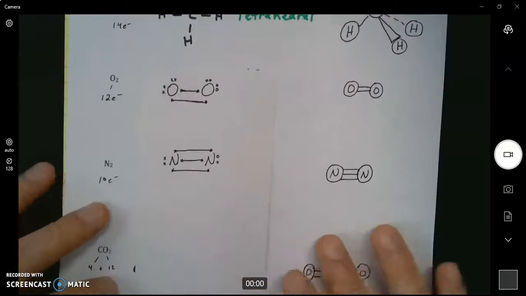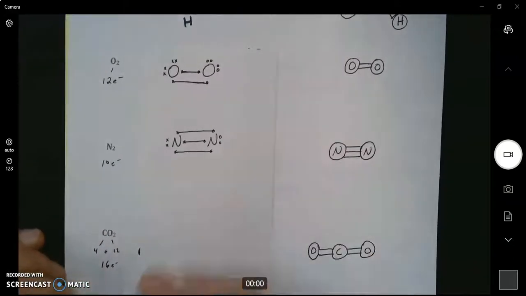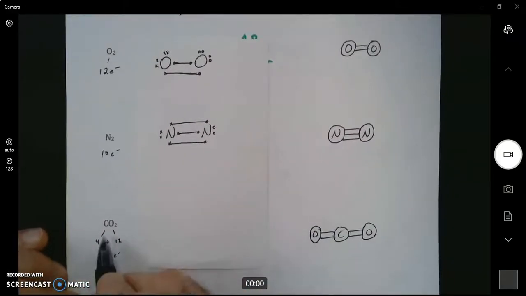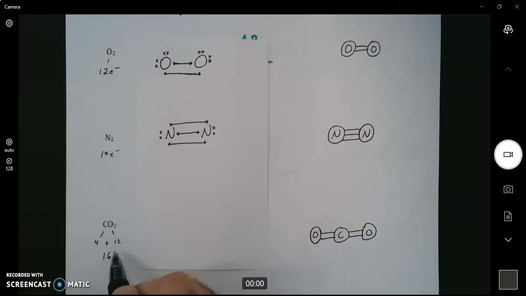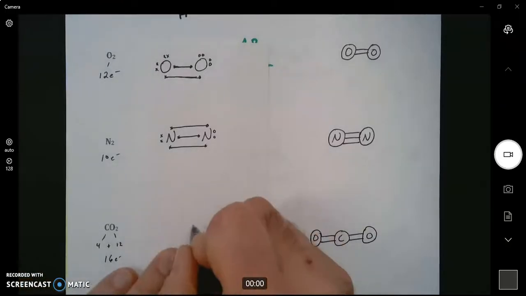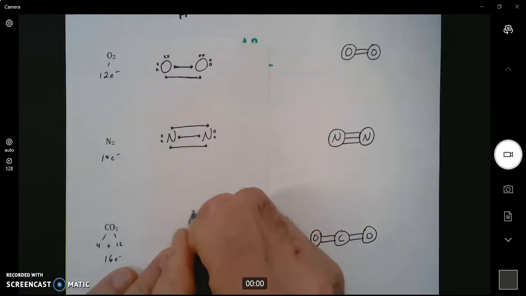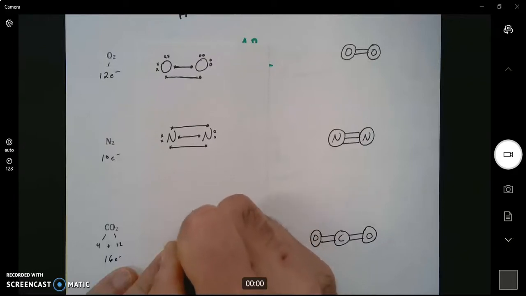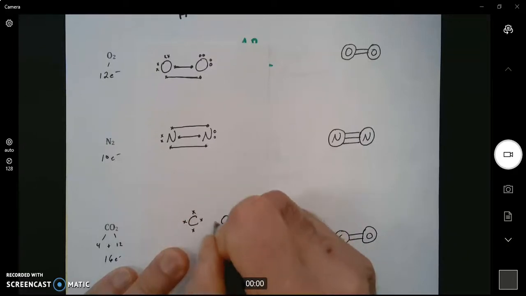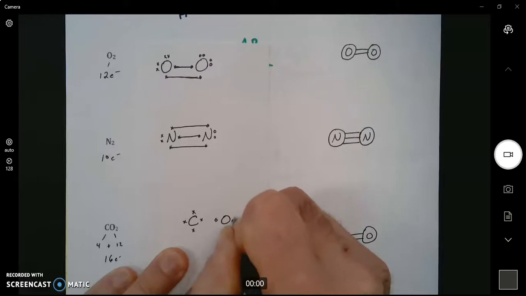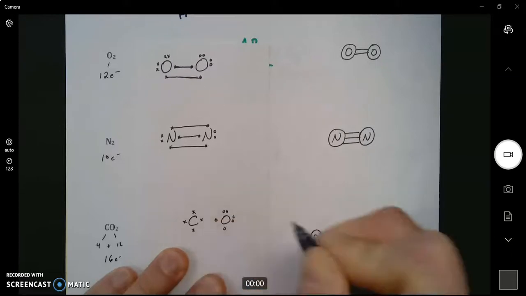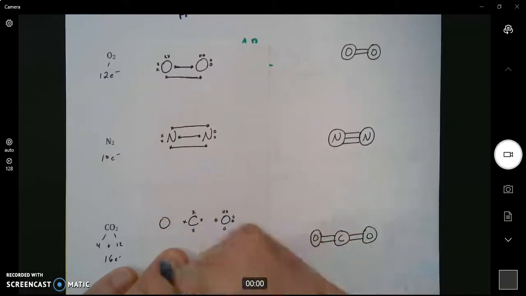And then, if we go down to carbon dioxide, where you have 4 electrons from the carbon and 6 apiece, 12 electrons from the oxygen, 16 electrons total, you have your carbon with its 4 electrons, 1 oxygen over here, and another oxygen over here.